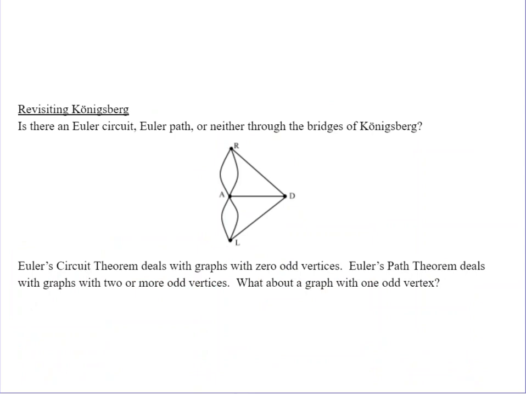If we look at the degrees of the vertices, we have 3, 3, 3, and 5. Well, we have more than 2 odd vertices, so there can be no Euler path or circuit through the bridges of Königsberg.